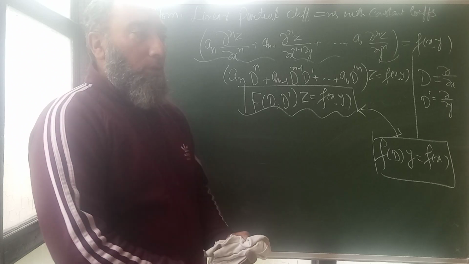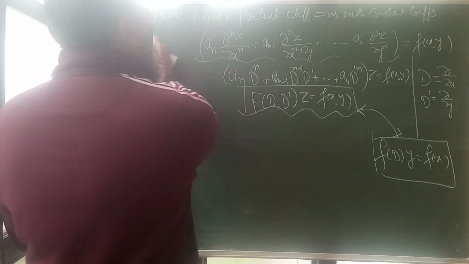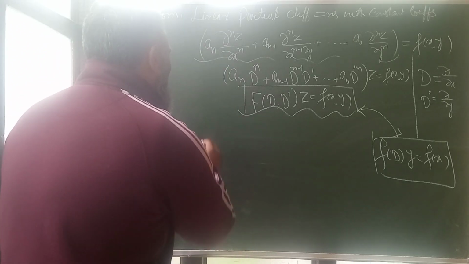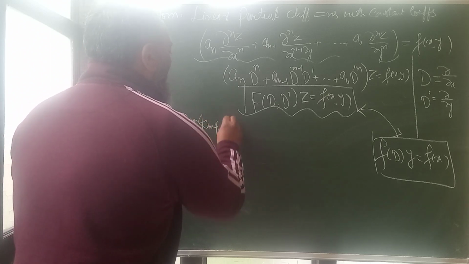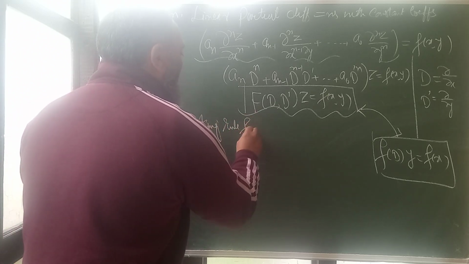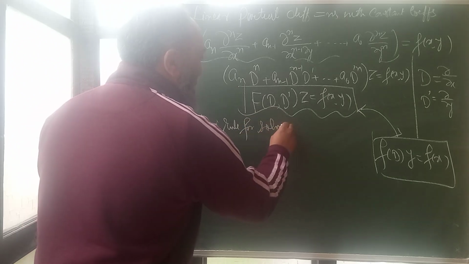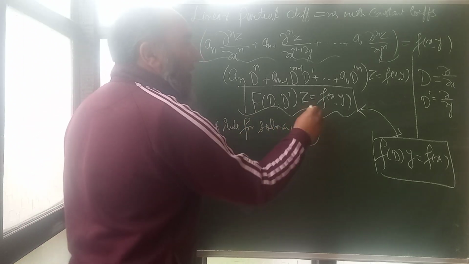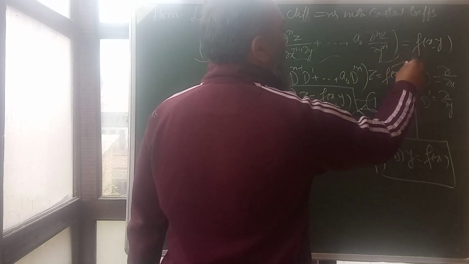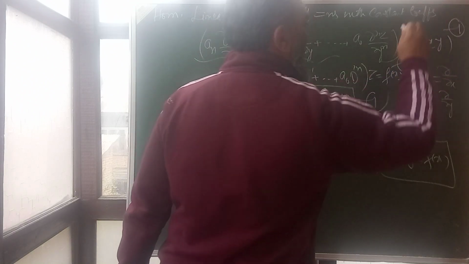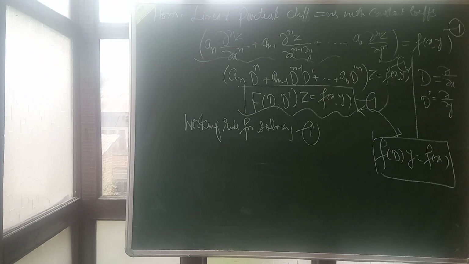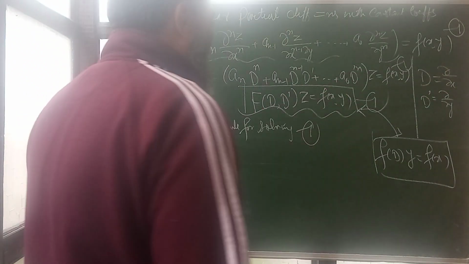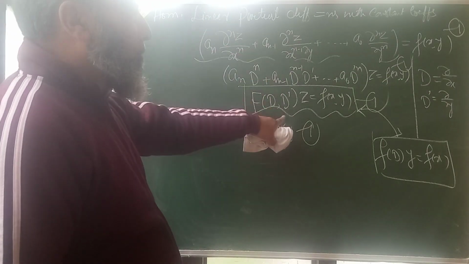Let me give you the working rule for solving equation 1. Say this is 1, this is 1, and this is also 1. All are 1. This is the symbolical form only.